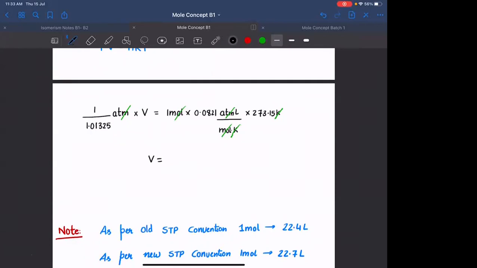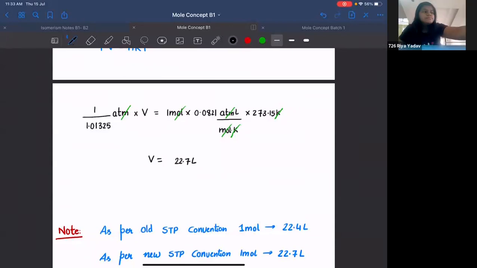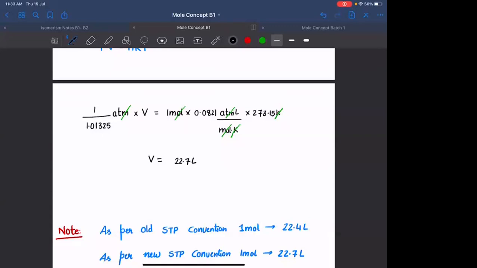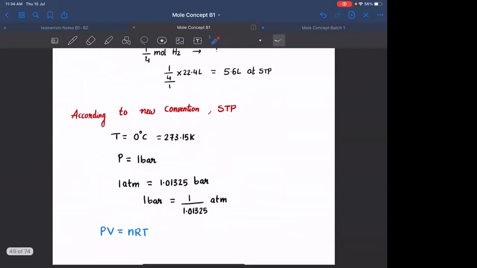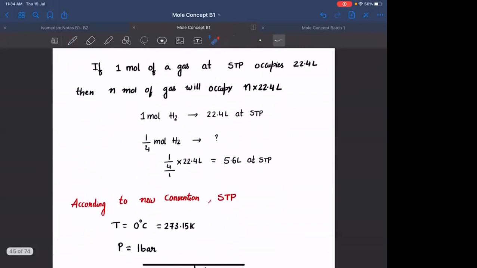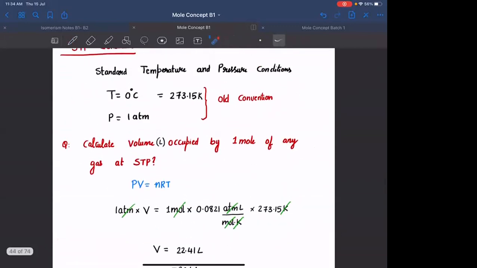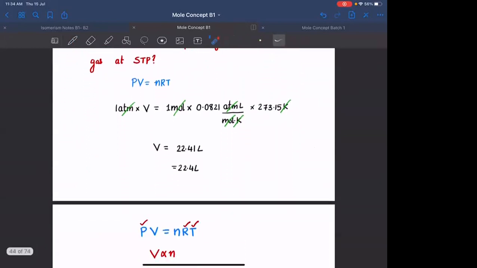And this comes out to be how much? 22.72 something, or we will take that as 22.7 liters. One very most important point: whenever you are solving questions, most of the questions are based on the old convention, which is the pressure as 1 atmosphere, and for that we have the volume as 22.4 liters.